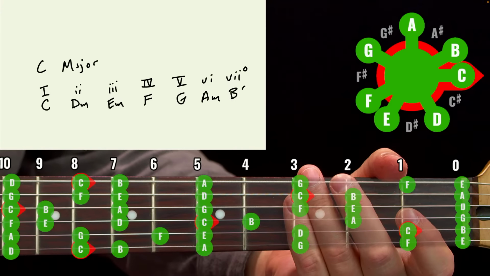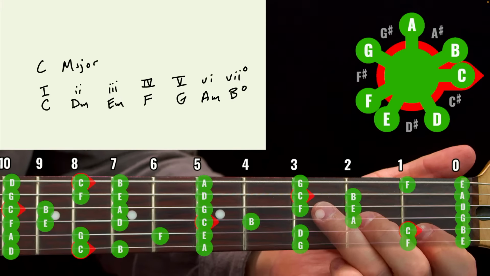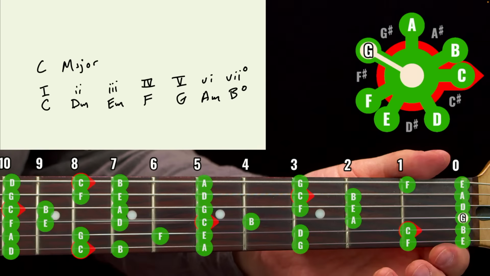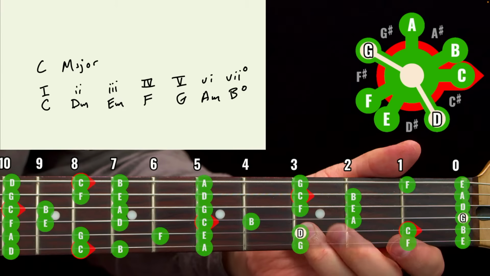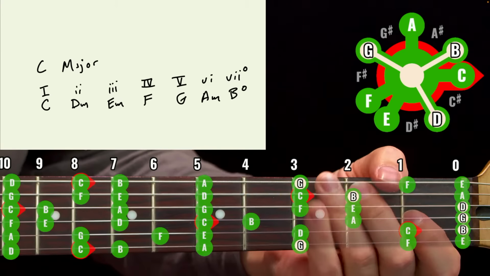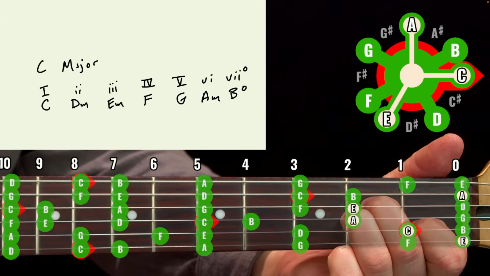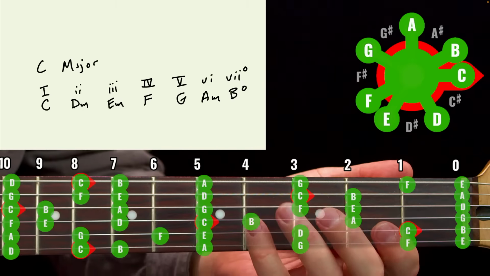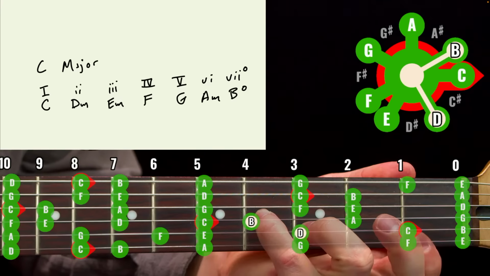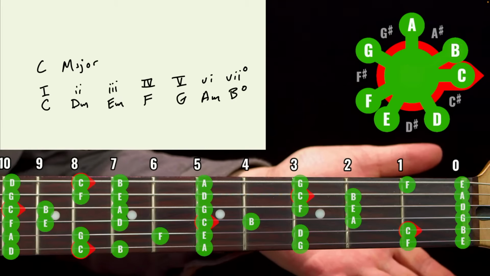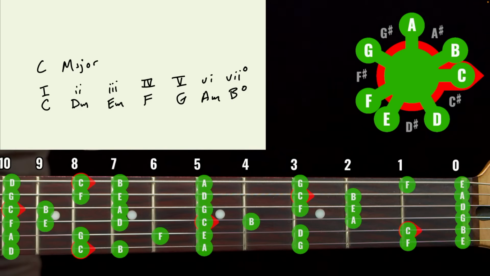We've got an F chord based on the 4th, 6th, and 1st note of the scale, a G chord based on the 5th, 7th, and 2nd note of the scale, and then we've got A minor, A, C, E. So those are all the chords in the key of C major.